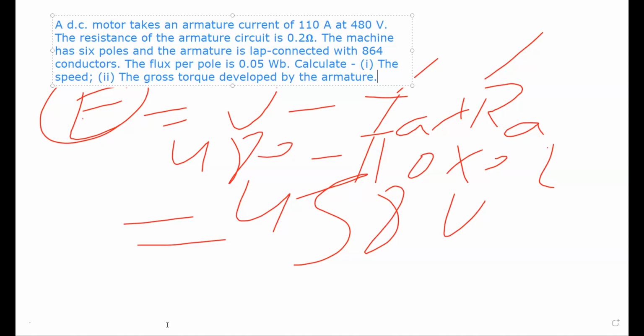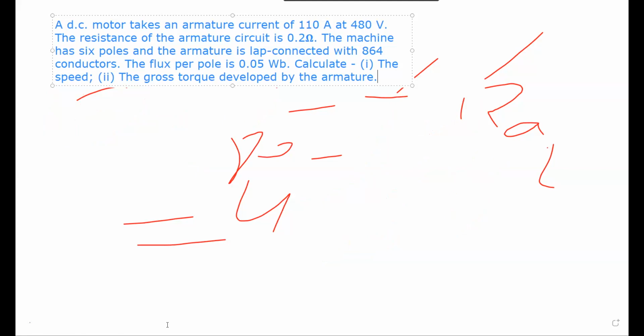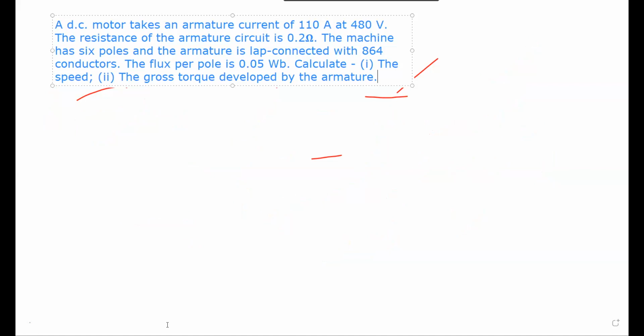And what is the other formula for back EMF? You told just now, right? E equals P phi N Z divided by 60A.